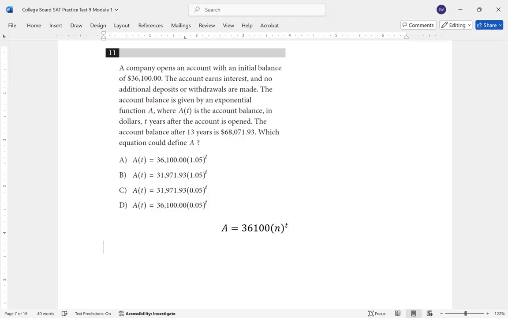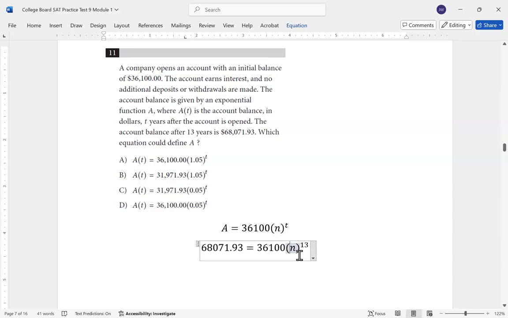So essentially, we get $68,071.93 when t is 13. Let's put that in parentheses. So obviously we have growth there. So I know that it's going to look like this. And essentially, what I have to do is find the n.